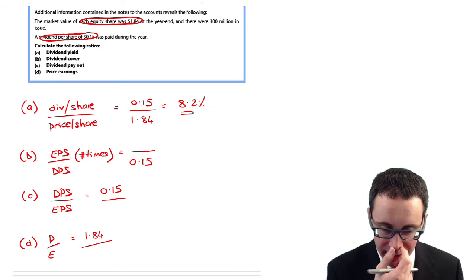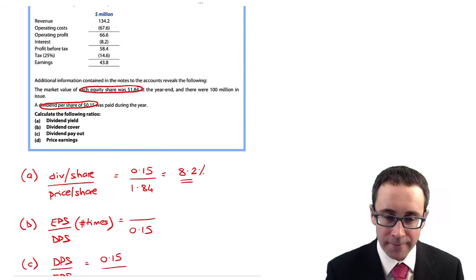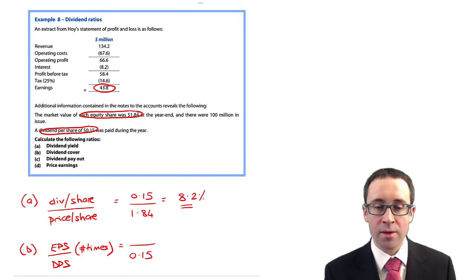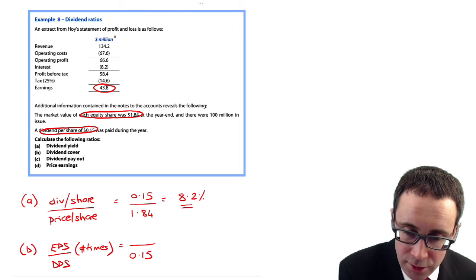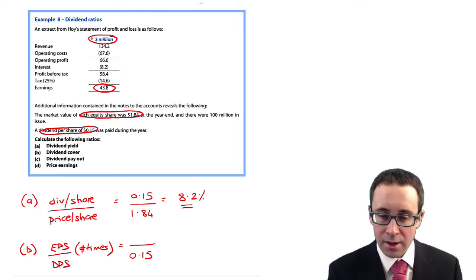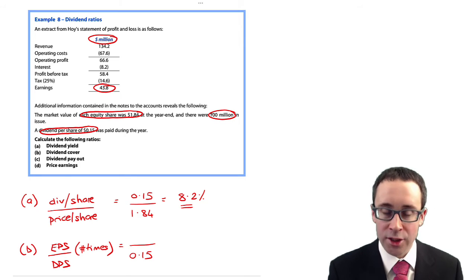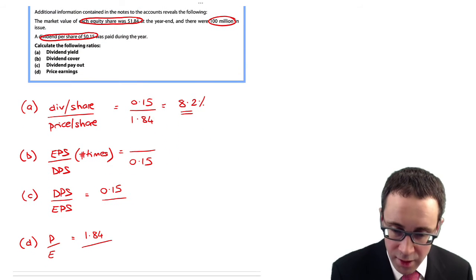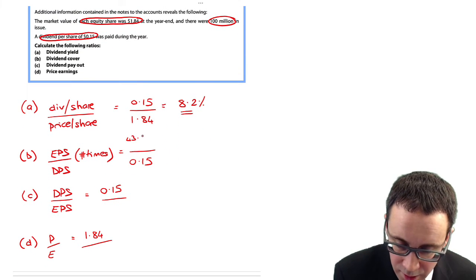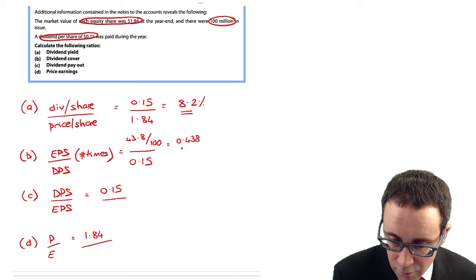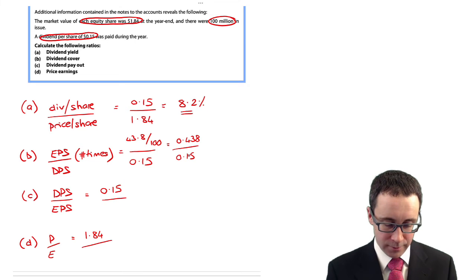We need to work out, for the rest of them, your earnings per share figure. You're told your earnings are $43.8 million. So it's not per share, but you have 100 million shares in issue. So the earnings per share is 43.8 divided by 100, which is 0.438 as an earnings per share.